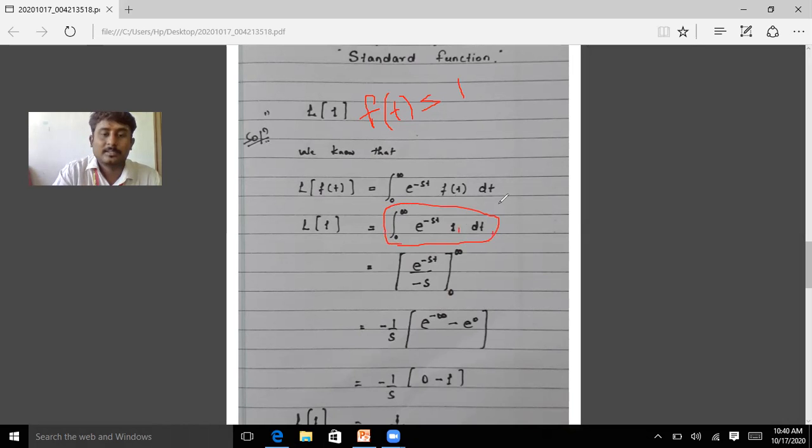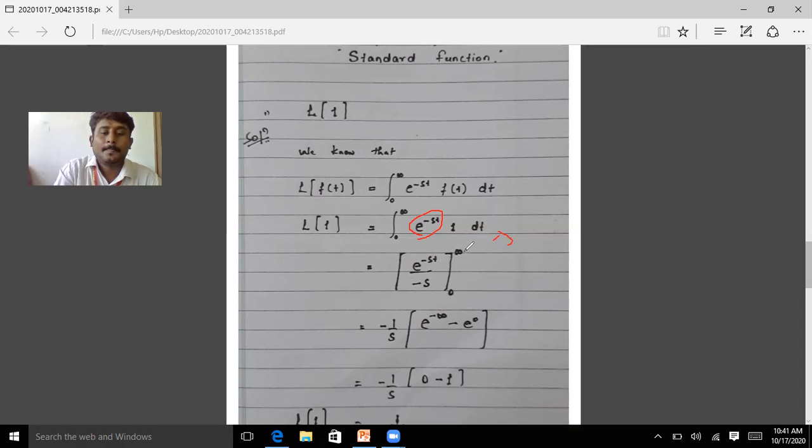When we solve this integration, the constant goes out, and the integral of e to the power minus st becomes e to the power minus st divided by minus s, with the limits 0 to infinity.